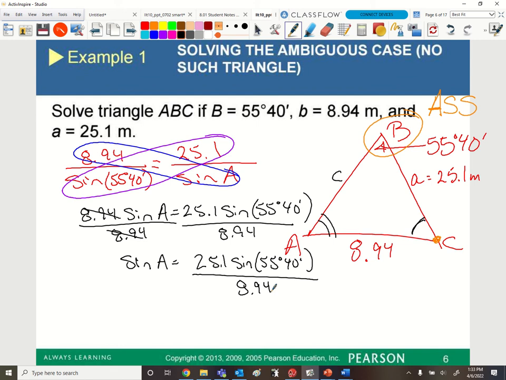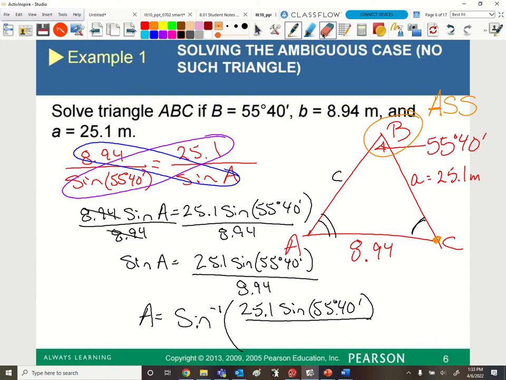So now it's going to turn into big A is equal to inverse sine of 25.1 sine of 55 degrees 30 minutes over 8.94. Like that. So all that right there is inside my sine.